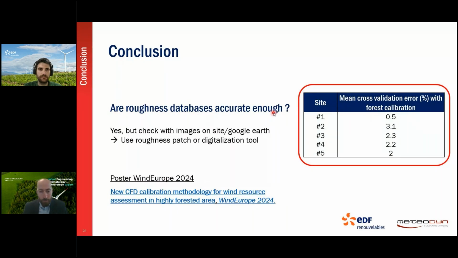Today there are a lot of roughness maps determined by lidars and by planes. According to this study, the answer is yes, because the mean cross-validation error on these 5 sites is around 2%, which is very good.